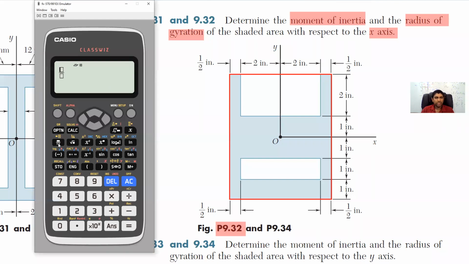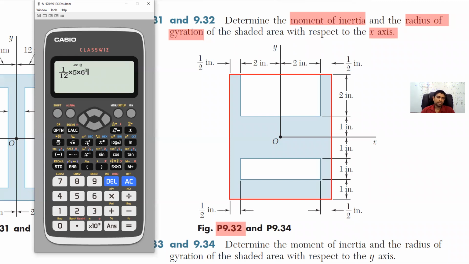The moment of inertia will be 1 over 12 b h cubed. The base is now 2 plus 2 plus a half, therefore 5, and h will be 6.